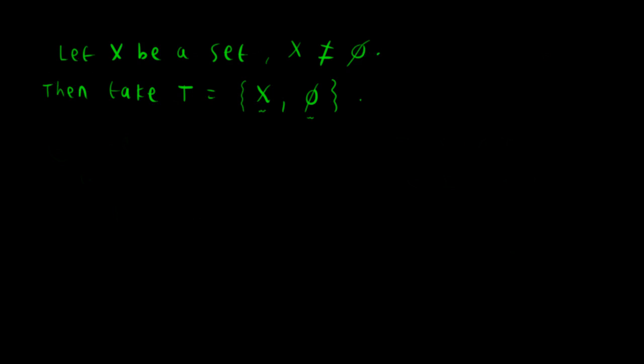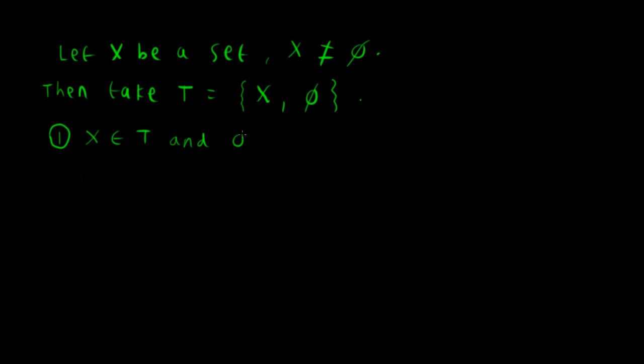Now, what do we have to check? We have to check some conditions, don't we? Do we remember what those conditions are? And those conditions, I will write them down now, but the conditions are, the first one, X belongs to T. Yes, it does, because I included it in there.